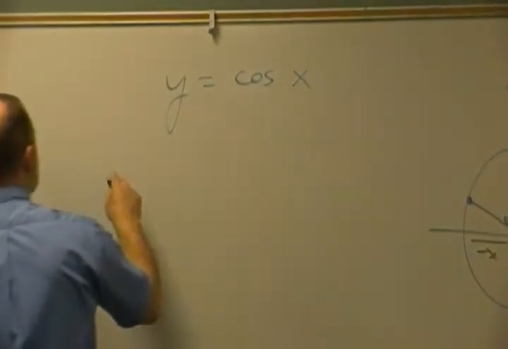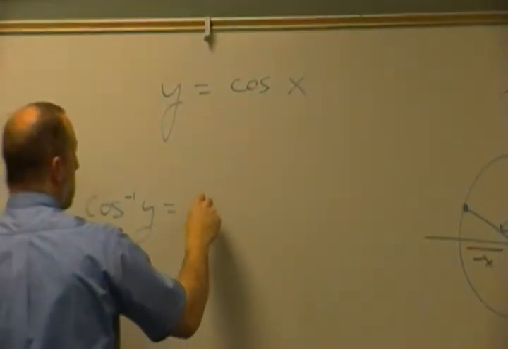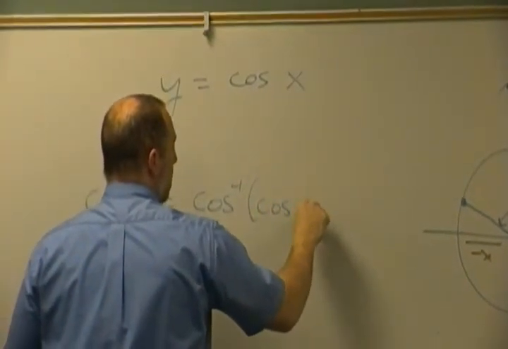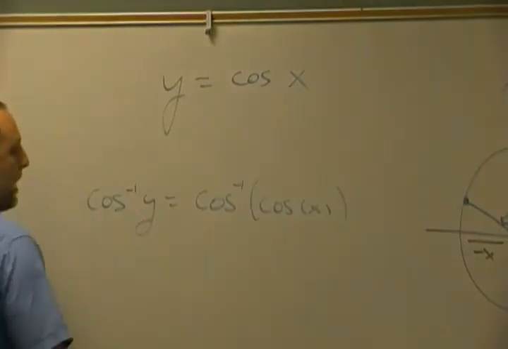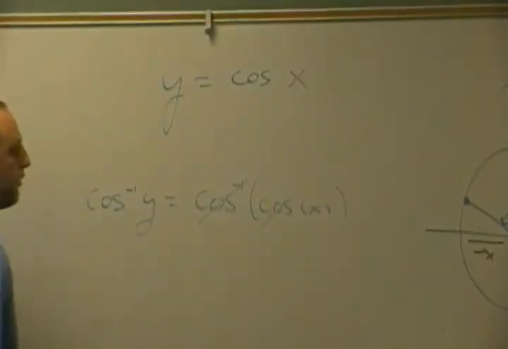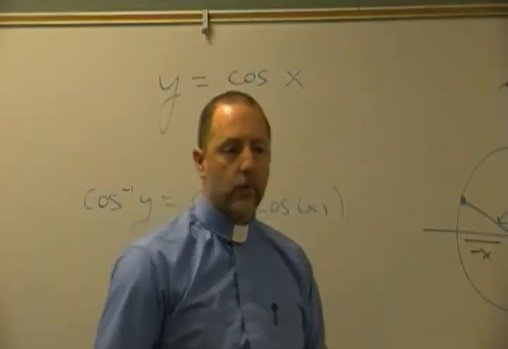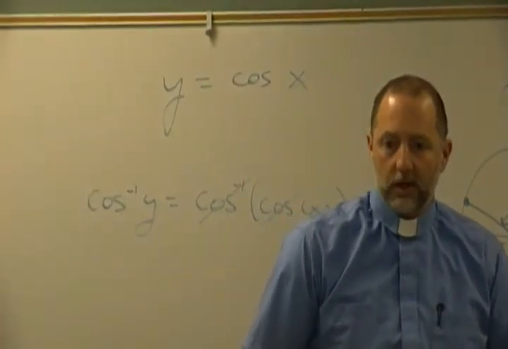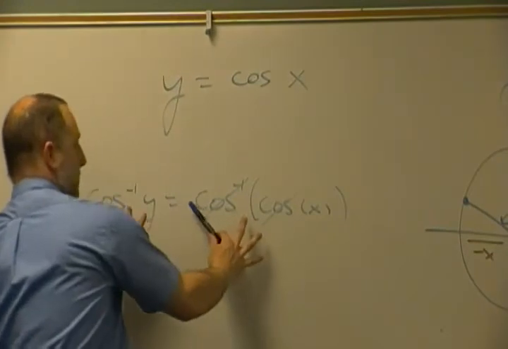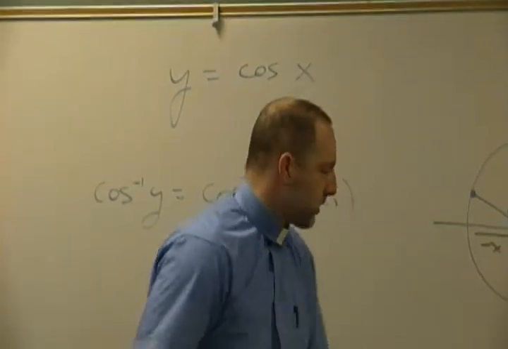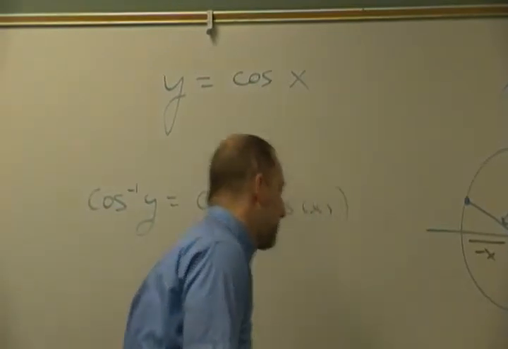So I would say cosine inverse of y equals cosine inverse of cosine of x, and these two functions cancel. x is going to be cosine inverse y. So far, so good? This is what's important to remember for some of the problems you're going to have, because you'll be asked questions like this.